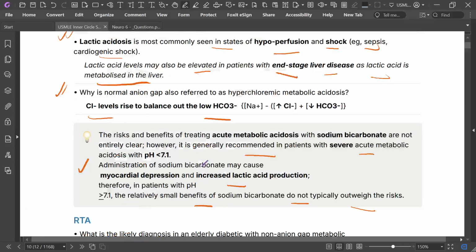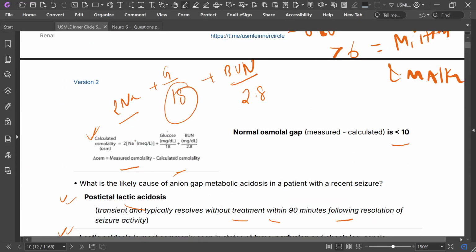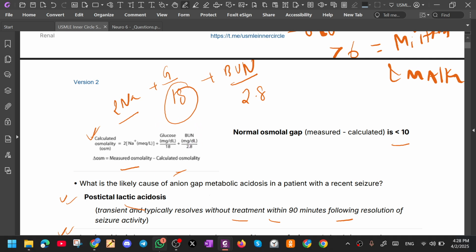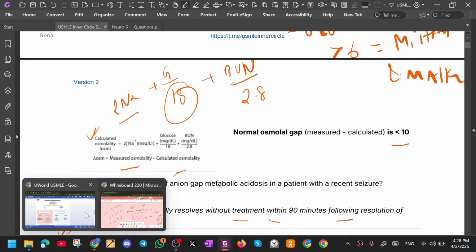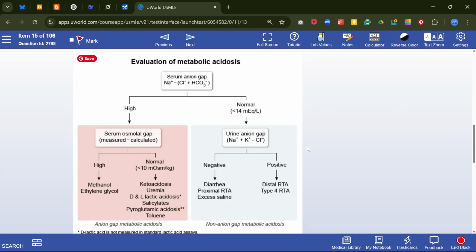2 into sodium plus glucose by 18 and BUN by 2.8. So this way we can calculate the osmolarity, then measured minus calculated. If serum osmolar gap is more than 10, it is high. It may be due to ME, that means methanol and ethylene glycol.